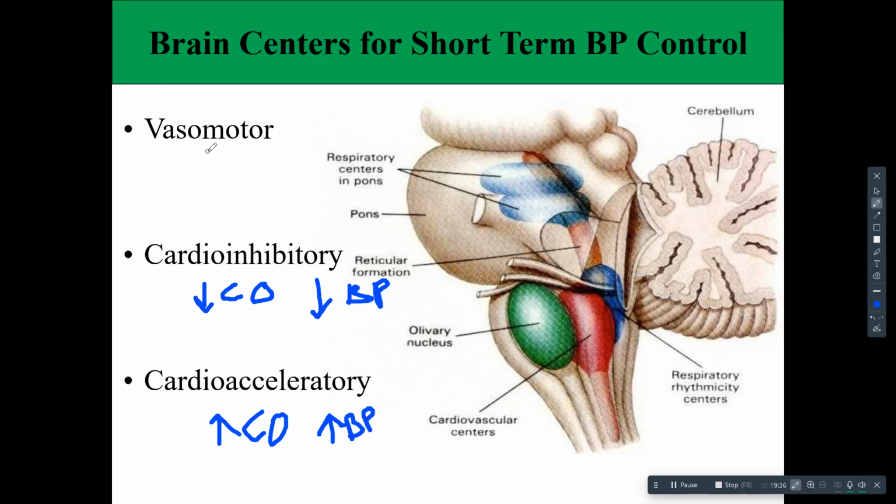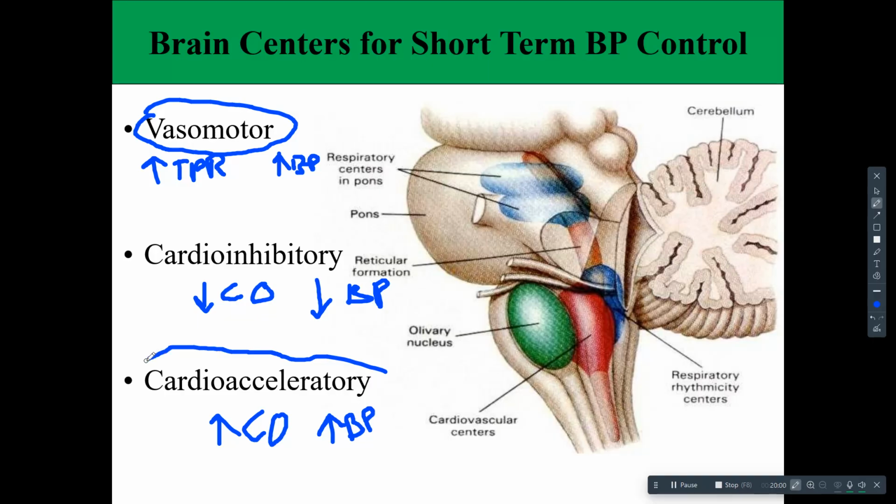The vasomotor center is going to affect your blood vessels. If you increase its activity, you increase the total peripheral resistance. And we know with more resistance, that's going to cause blood pressure to go up. Notice that vasomotor and cardioacceleratory are buddies.